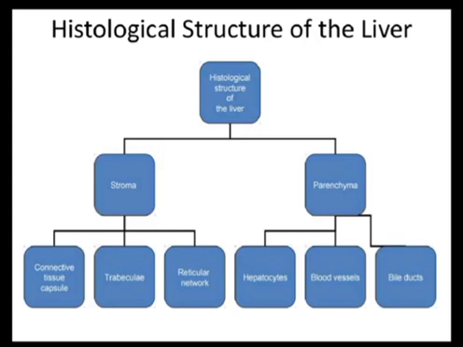What is the parenchyma of the liver? In the parenchyma we have the liver cells, which are known as the hepatocytes, and then we have the blood vessels and the bile ducts, because one of the functions of the liver is production of bile. Bile is being produced in the hepatocytes.